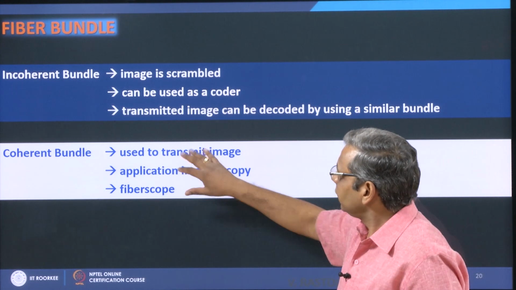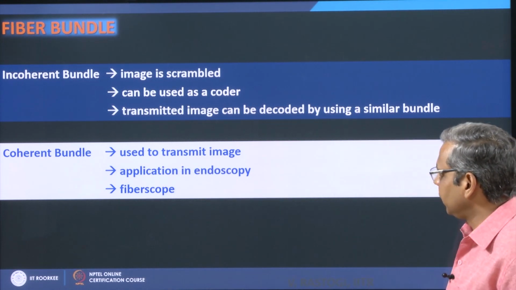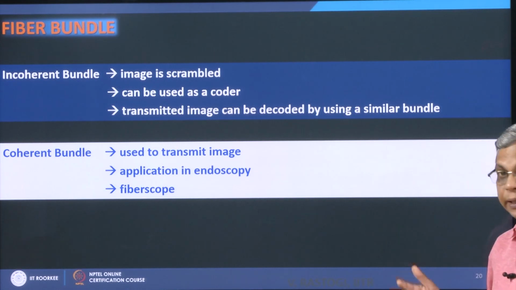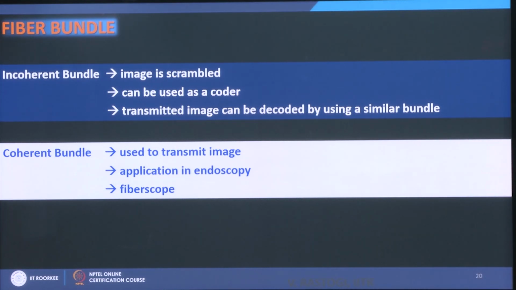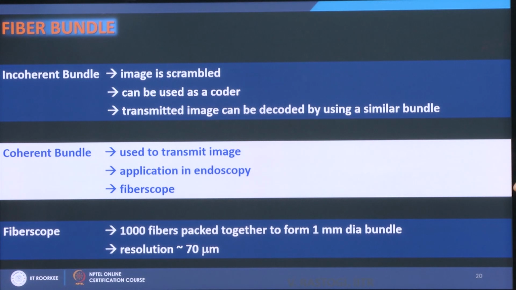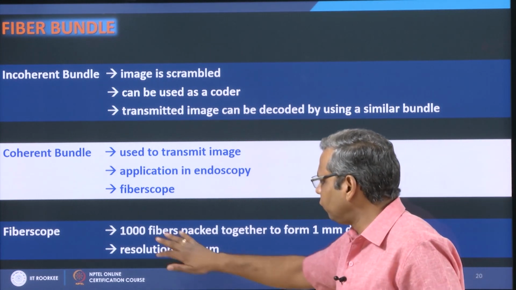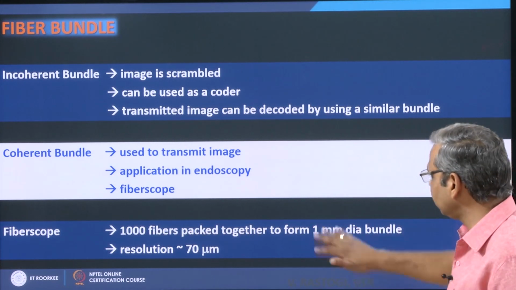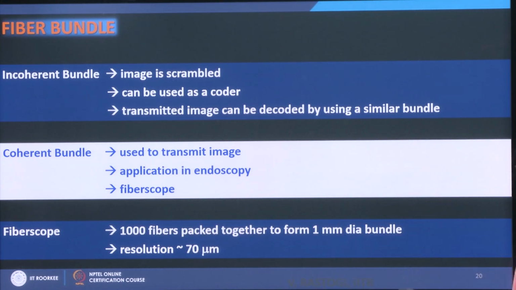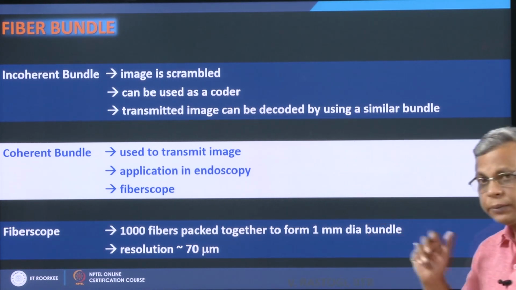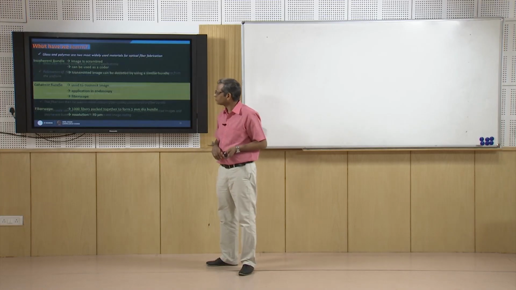So, coherent bundle can be used to transmit image and its applications are like in endoscopy or to make fiber scope. And a typical fiber scope can have 1000 fibers packed together to form a 1 millimeter diameter bundle, and its resolution can be something like 70 micrometer.